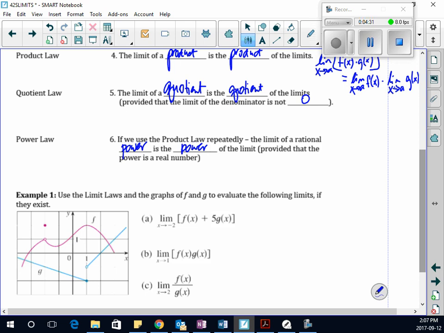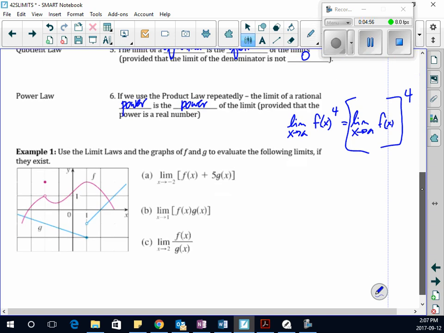Meaning, if I have the limit as x goes to a of f of x to the power, I don't know, 4, that's the same thing as finding the limit separately and having that to the power 4. And again, when we do a couple of questions, it'll make sense.